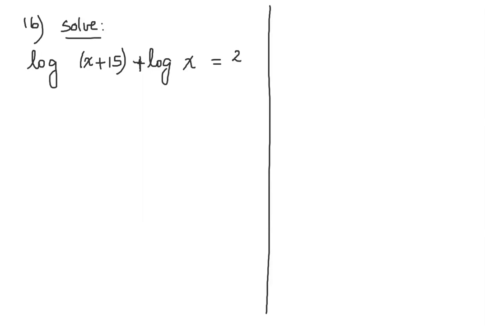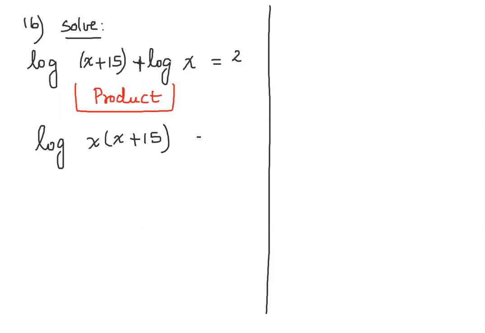We do not have log on the other side. In that case, we have to use only exponential form. So let's first make it into one single logarithm by using the product property. So it's going to be log of x times x plus 15 equal to 2.